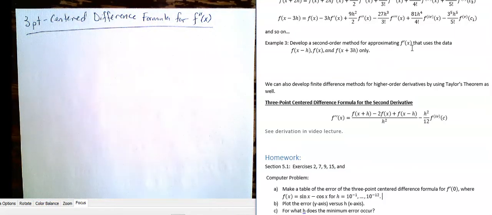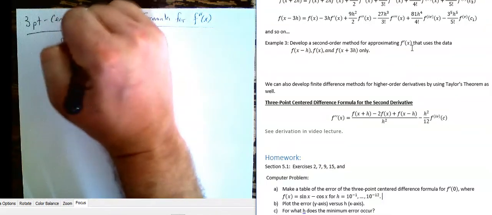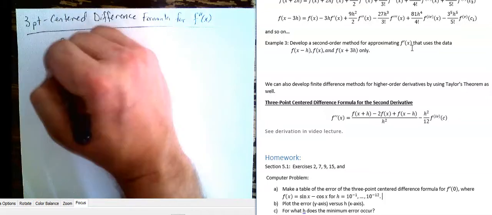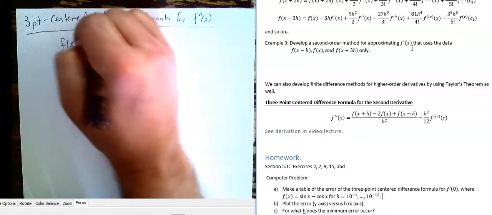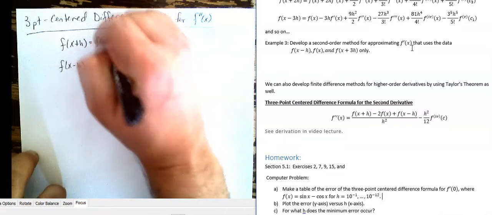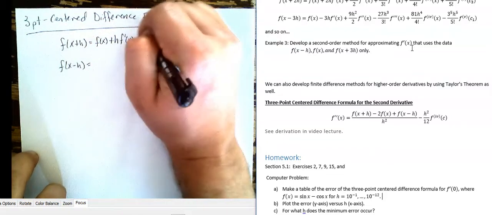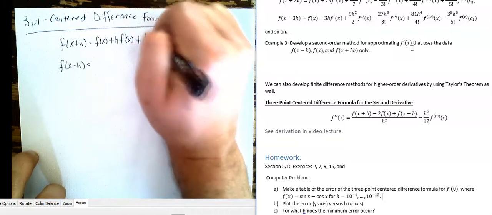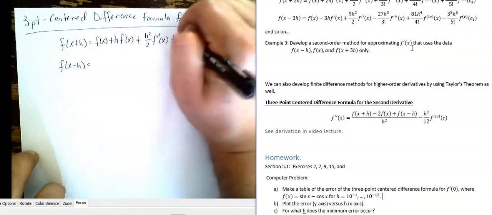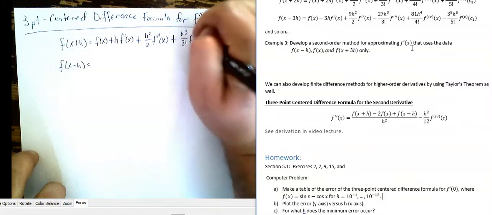So if we know that, we're dealing with 3 points surrounding x, so we're going to utilize f of x plus h, and f of x minus h. So let's look at the Taylor expansions for those. These ones are simple. h f prime, h squared over 2 f double prime, h cubed over 3 factorial f triple prime.